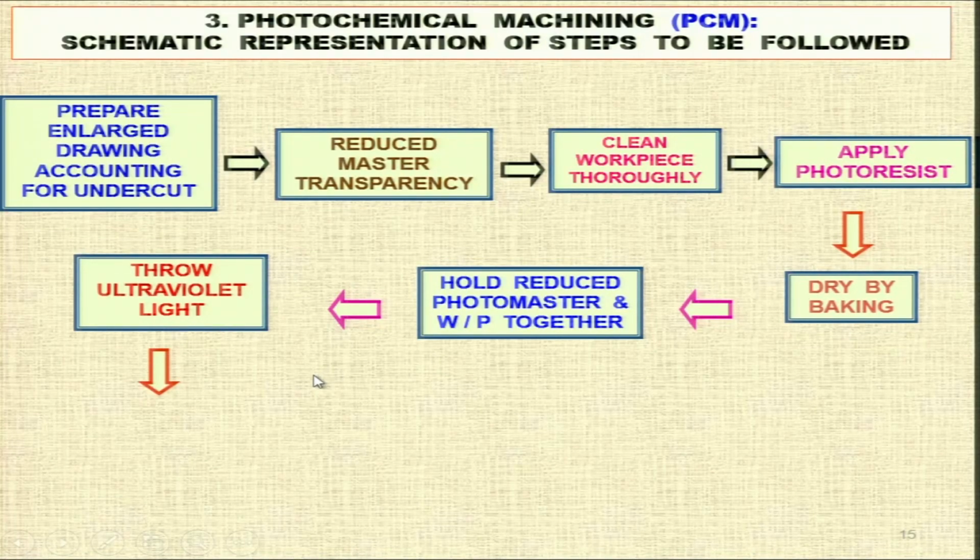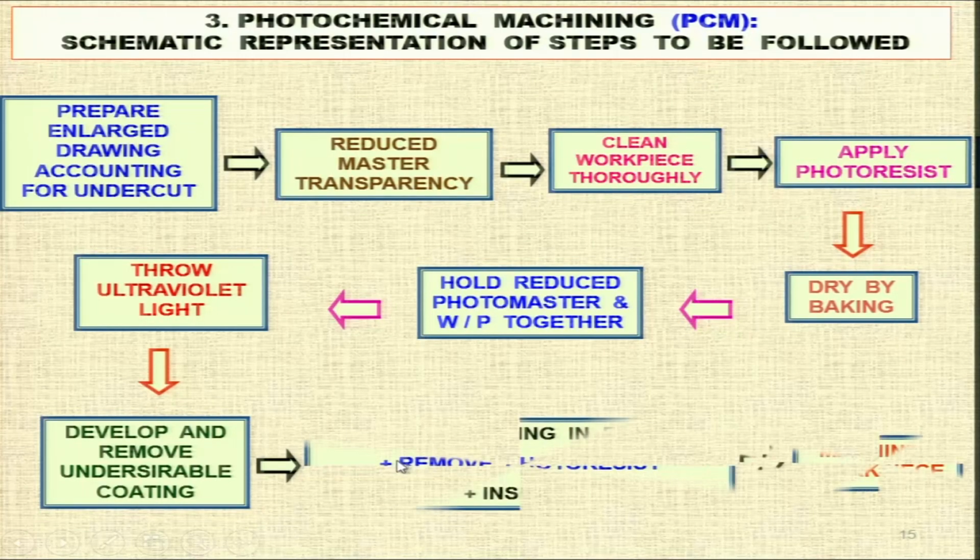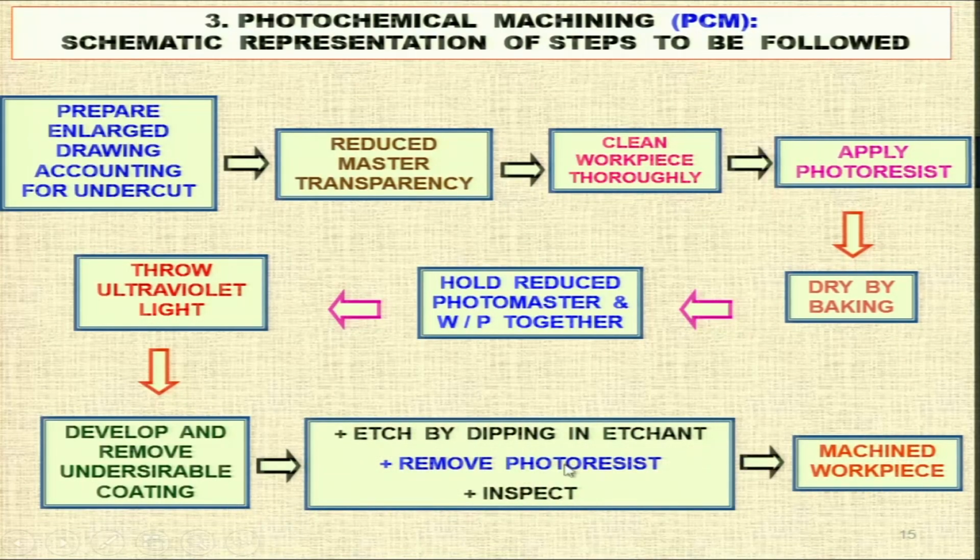Throw ultraviolet light, develop and remove the undesirable coating, and then etch by dipping in etchant. Remove photoresist after machining, inspect it, and then you get the finally machined component.